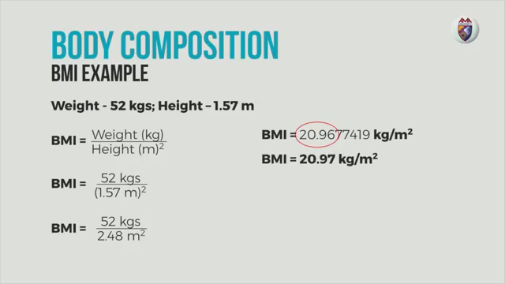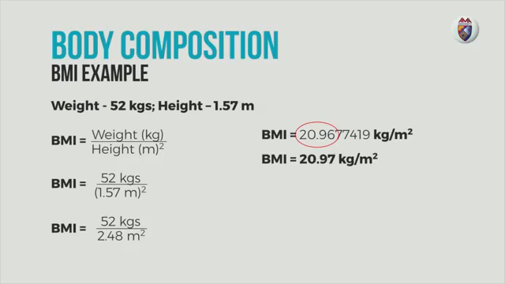Since you are required to square your height in meters, the formula looks like this: 52 kilograms divided by 1.57 meters squared. Once 1.57 meters is squared, the formula then turns into 52 kilograms divided by 2.48 meters squared. And the answer for this will yield a kilogram per meter squared unit of measure.